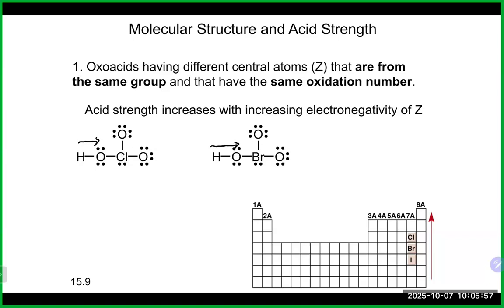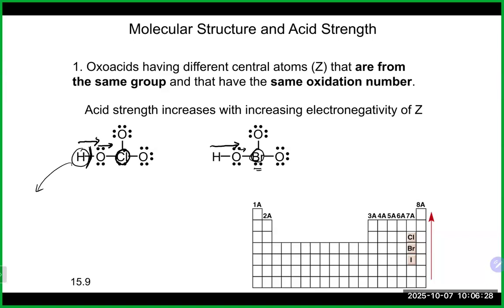And with a greater electronegativity in our chlorine versus our bromine, it's going to pull those electrons in a little bit more, because it wants to pick them up. What that's going to do is weaken this bond and make this H a lot easier to pop off. There is less ease on the bromine, which is also going to bring the electrons in, but not as much as chlorine, because chlorine is more electronegative.